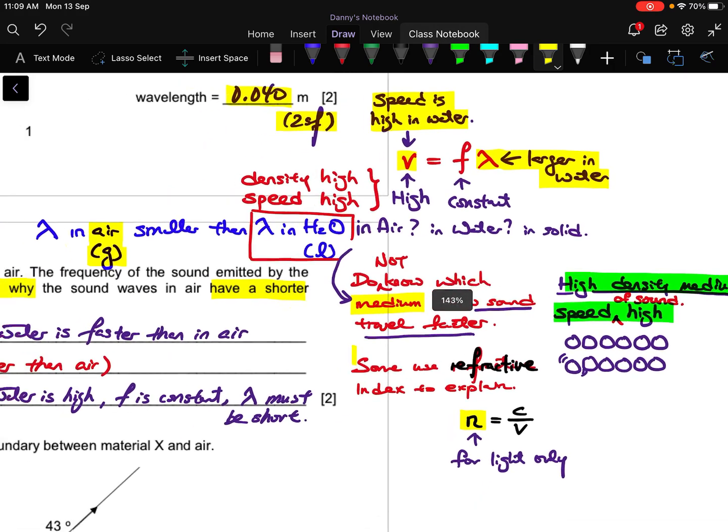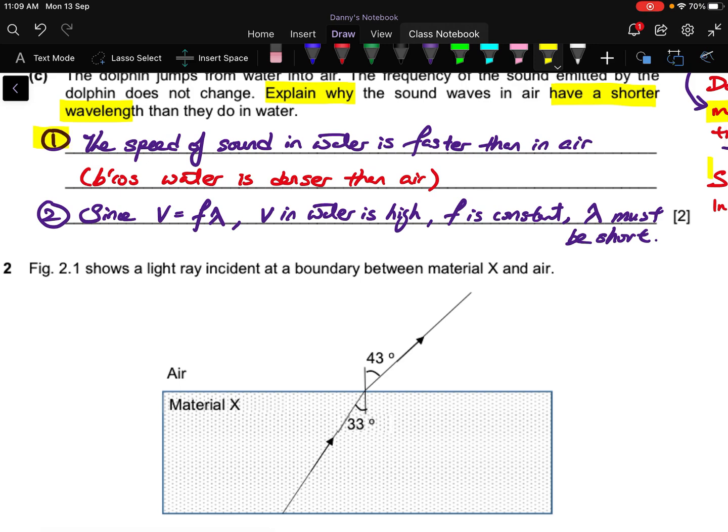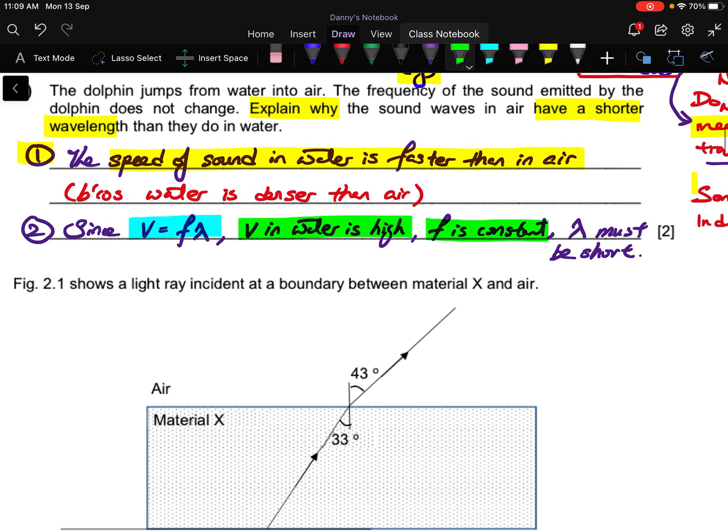So when the speed in water is higher, then definitely your lambda will be higher in water. So far so good. To put this concept in words, there are two parts. Number one, you must be able to tell me that the speed of sound in water is faster than in air, and then quote the relevant formula. After that, you tell me that since the speed in water is high and the frequency is constant, your wavelength in water must be longer. I think I made a typo here.